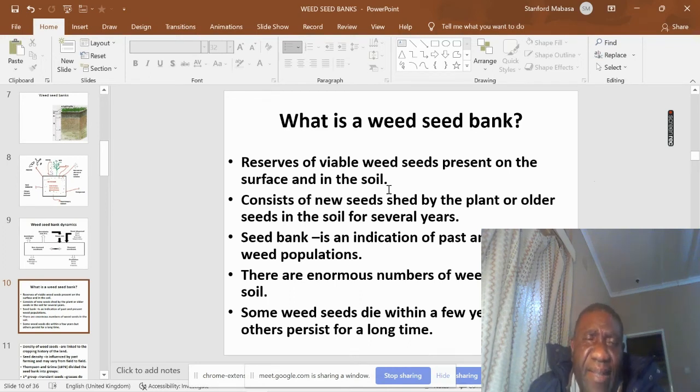Seed bank is an indication of the past and present weed populations. There are enormous numbers of weed seeds in the soil. Some weed seeds die within a few years, but others persist for a long time.